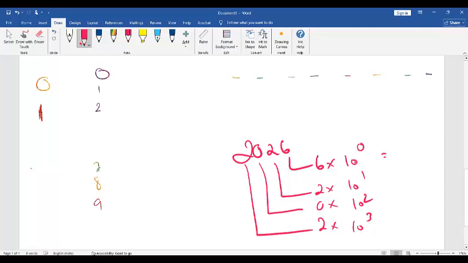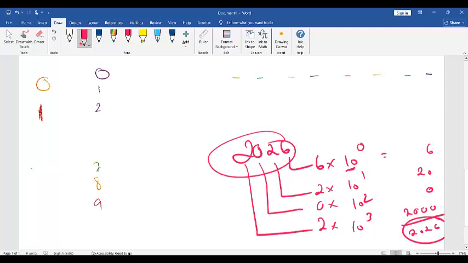And we wrote the answer like anything to the power 0 is 1. 1 multiplied by 6 is 6. 10 to the power of 1 is 10. 10 multiplied by 2 is 20. 10 to the power of 2 is 100. 100 multiplied by 0 is 0. 10 to the power of 3 is 1000. 1000 multiplied by 2 is 2000. Now when we add, we get 2026, the same number.